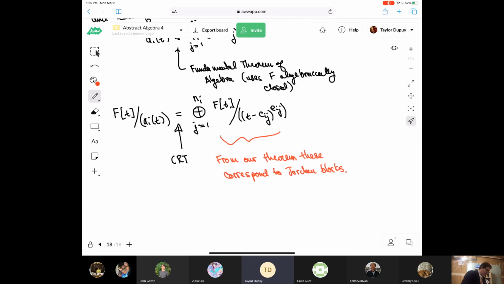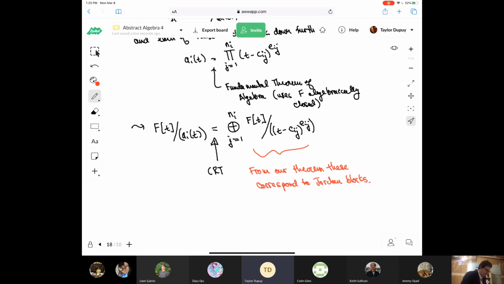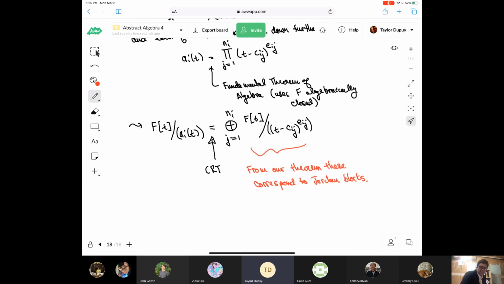Okay, so over an algebraically closed field, any matrix can be brought into Jordan canonical form.